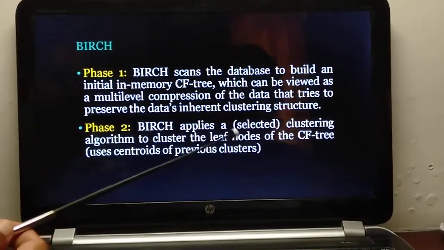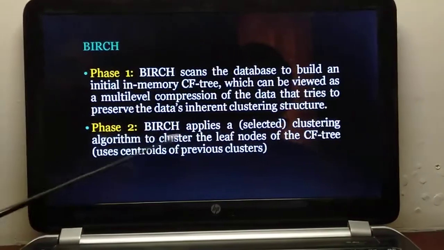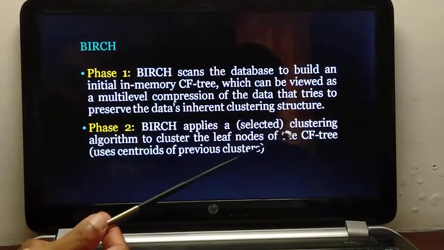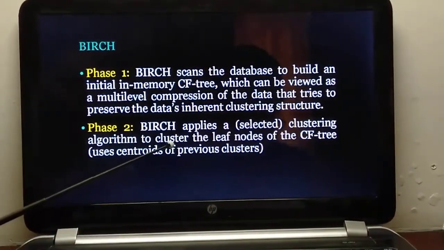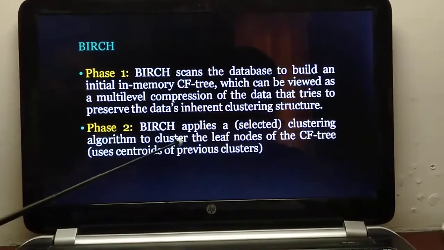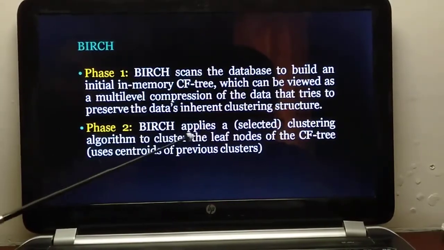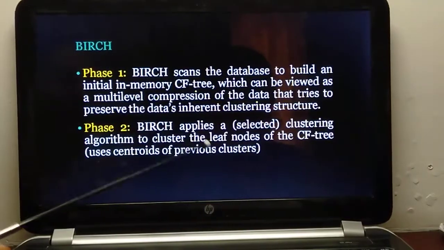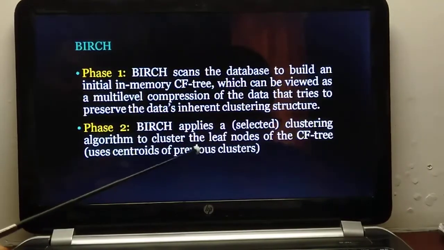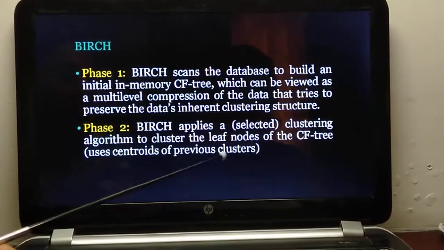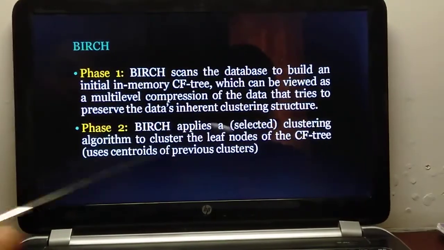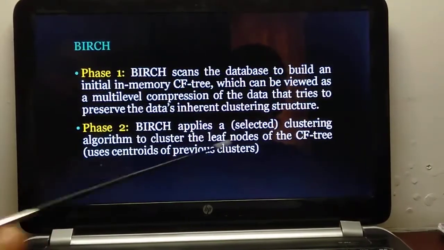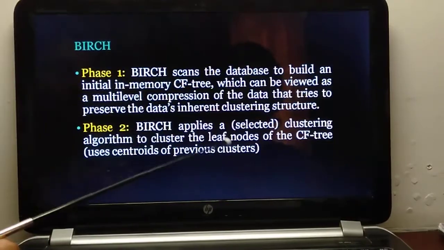Use any method that you want and then do the clustering on the leaf nodes of the CF tree. So we are doing clustering only for the centroids. This is our second scan of the data. Once the centroids are fixed, go through the elements once more and check that your centroid values are the same. This is your BIRCH algorithm.